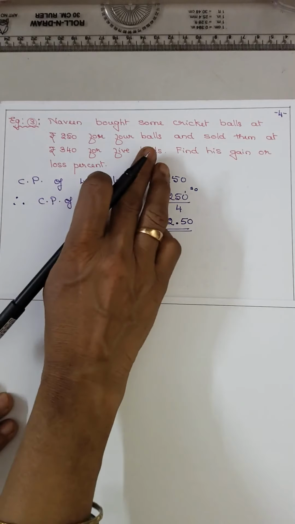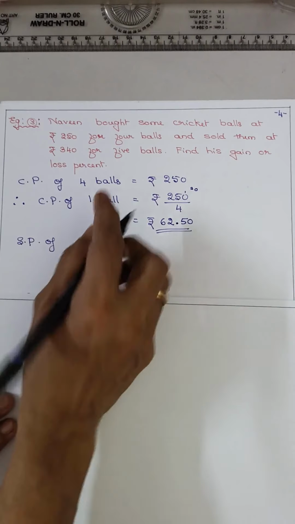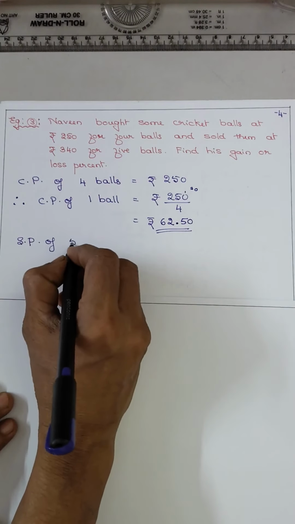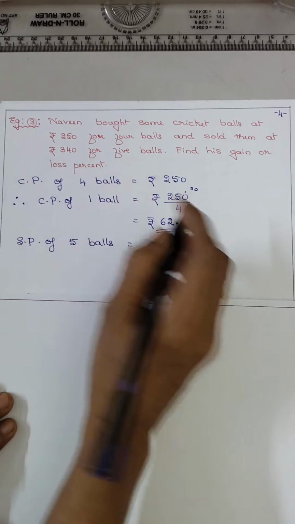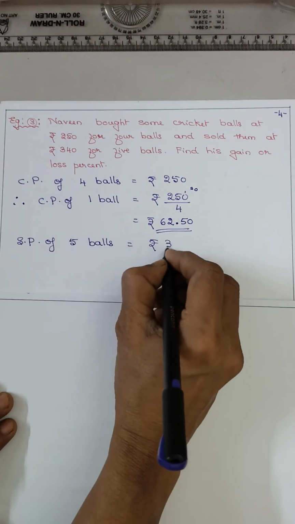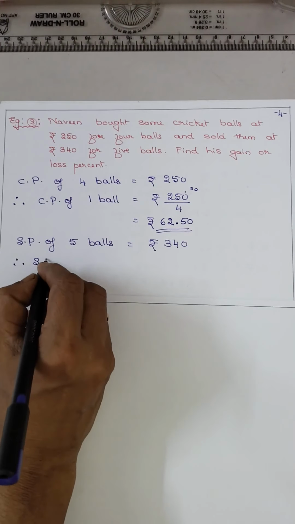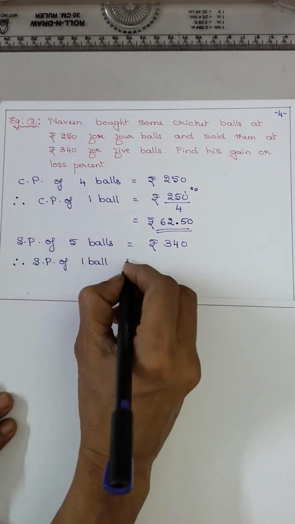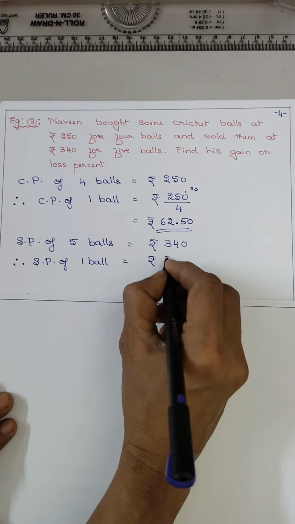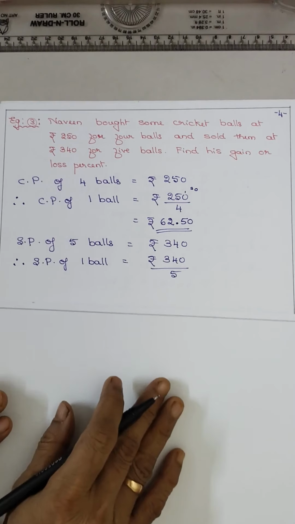Now SP of how many balls is given? 5 balls is given. It is rupees 340. Find out SP of 1 ball is equal to rupees 340 upon 5.